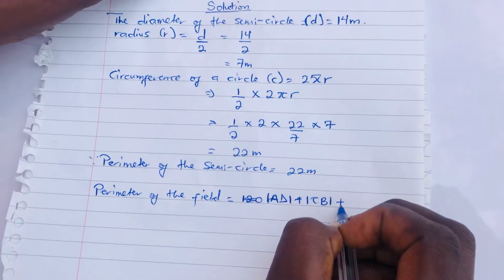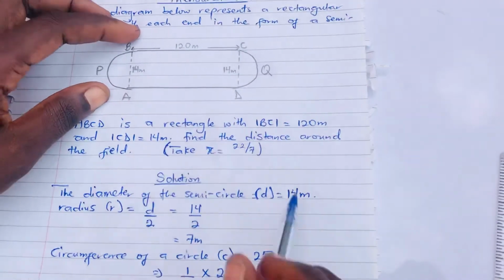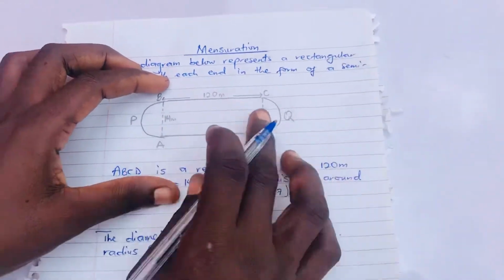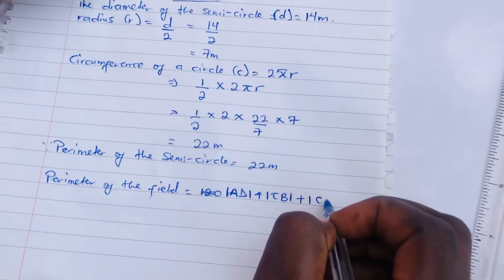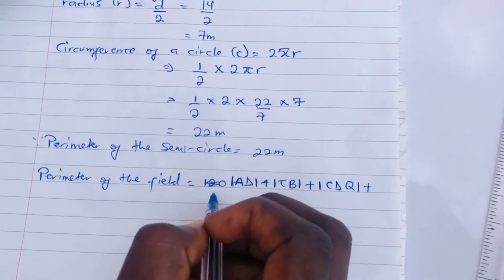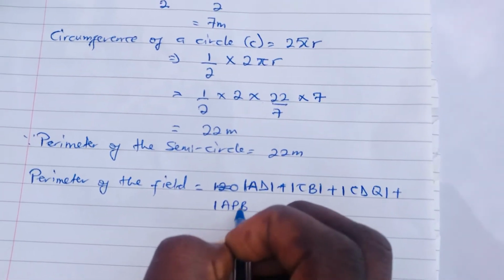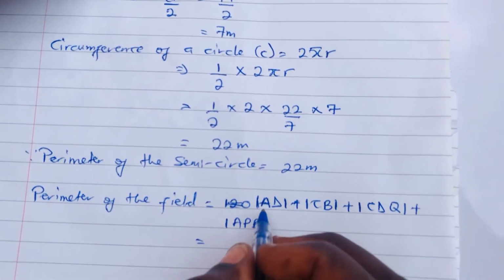Good. Line AD plus line CB plus the two extreme ends, that's the two semicircles. So line CDQ plus the last part of it, line APB.